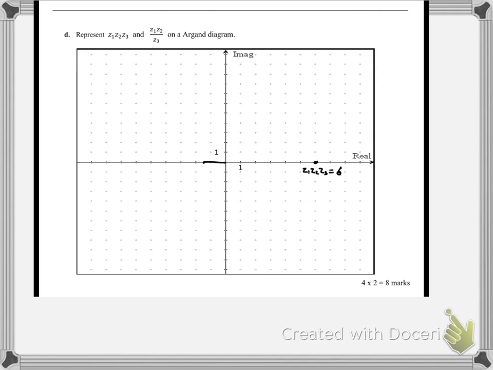Fantastic. Okay, now D, let's represent these on an Argand diagram. So simply we can draw a line segment from the origin to the point, 6 in the real, 0 in the imaginary, so it lands on the x-axis, and same in the other direction. Negative 3/2 in the reals and 0 in the imaginaries.